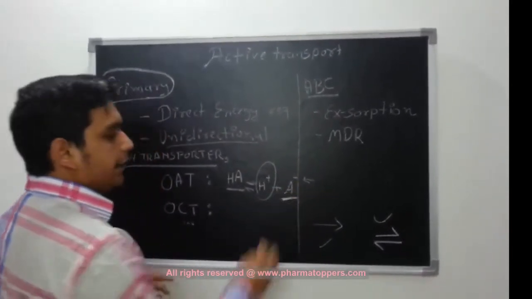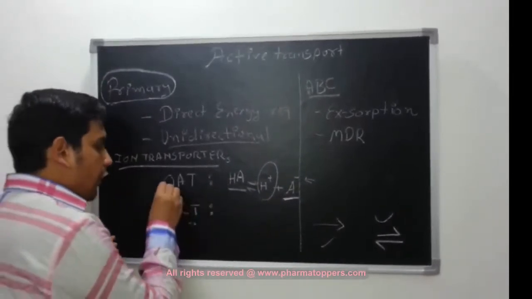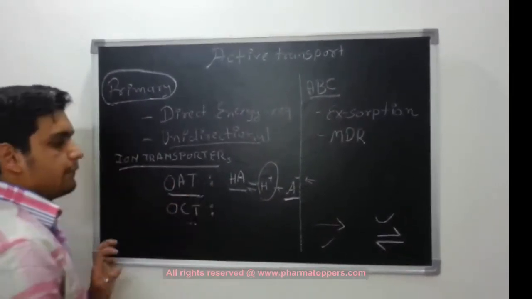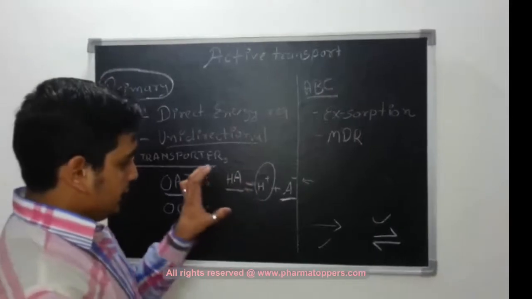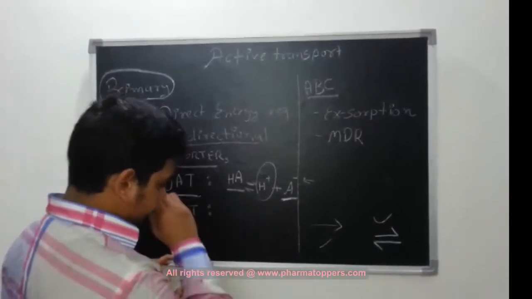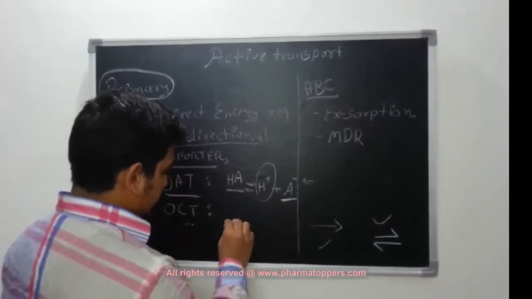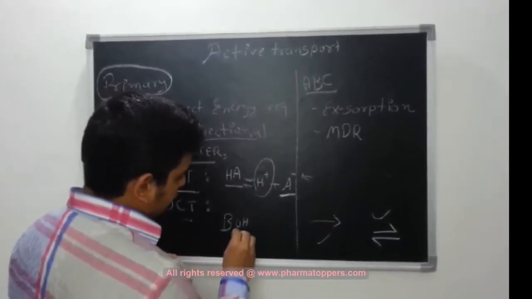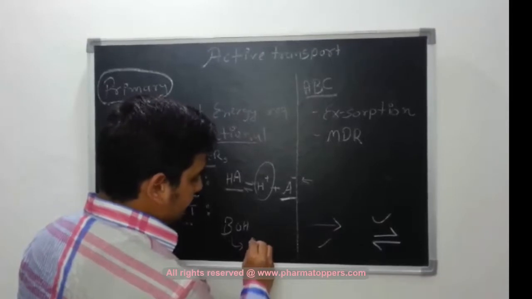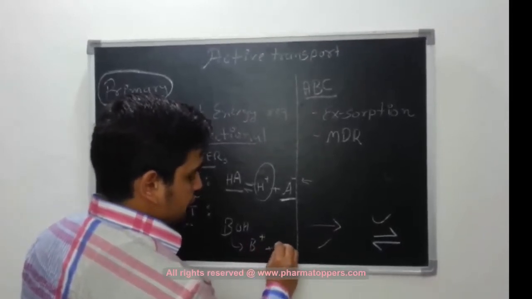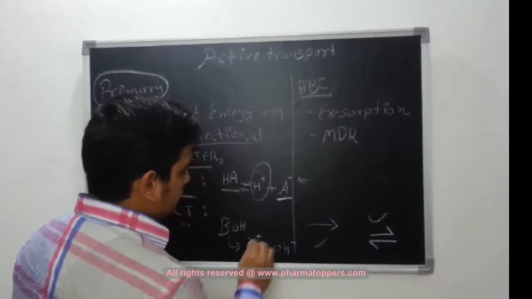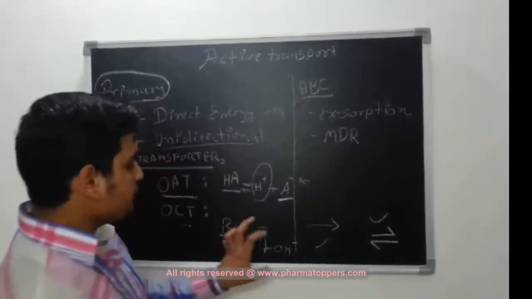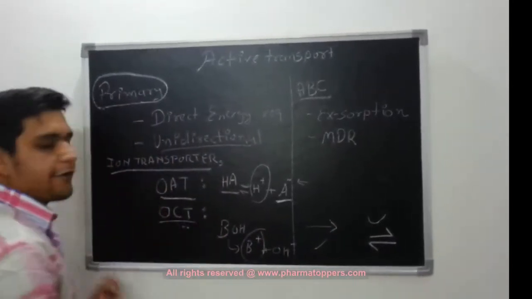So this is the anion, which is transported by means of organic anion transporters. In the case of a base, suppose the drug is BOH, it will split into B+ and OH-. So this is the cationic drug, which is transported by means of organic cation transporters.